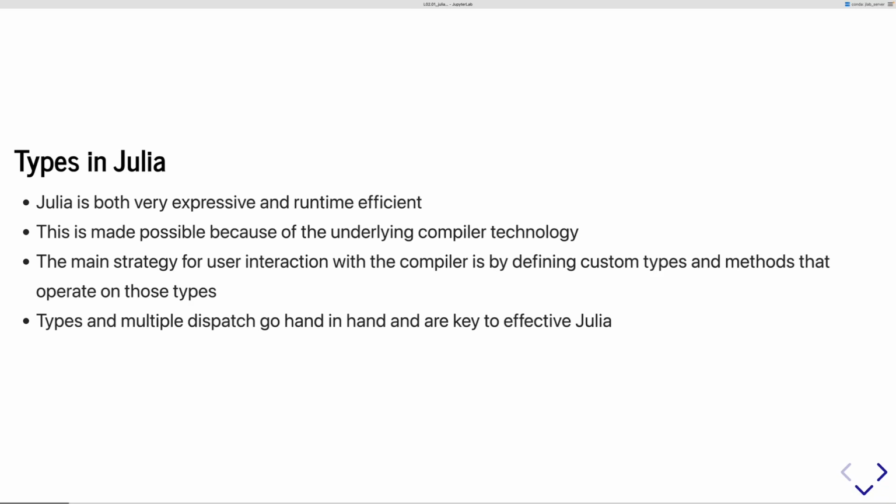So the compiler technology is there, and we tap into that power using the type system. The reason we're going to discuss types and multiple dispatch together is because they really do go hand in hand to make Julia a very productive and efficient language to do data work in.